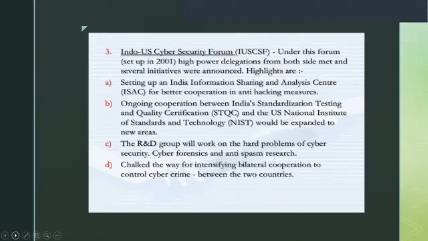The R&D group will work on the hard problems of cybersecurity, cyber forensics, and anti-spam research. It chalks the way for intensifying bilateral cooperation to control cybercrime between the two countries. Alliances of cybersecurity with other nations to fight the cause as a global economy.